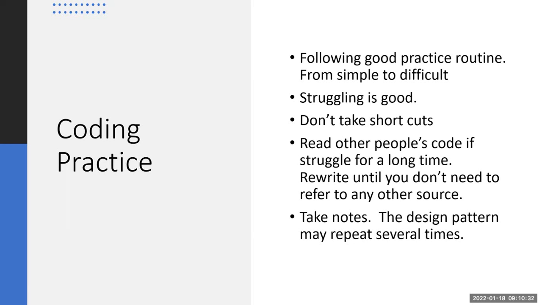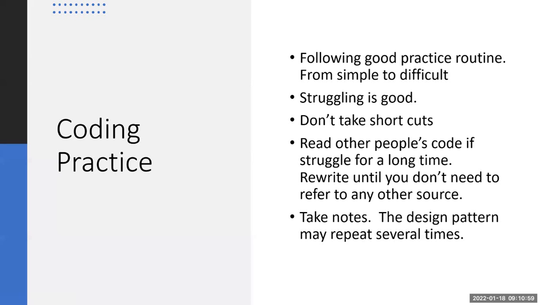But if you struggle for a long time, is it okay to read other people's code or not? I would say yes. If you really struggle for 2 days, 3 days on a problem and still cannot solve it, it is okay. You can read other people's code, try to understand how to solve it. But after that, you should rewrite the same program, and rewrite so many times until you don't need to refer to any other source.